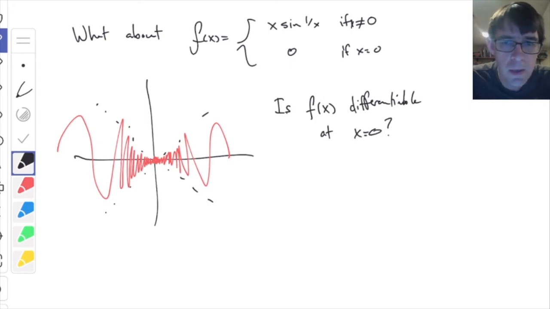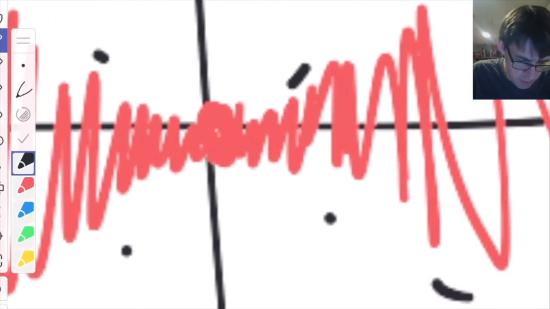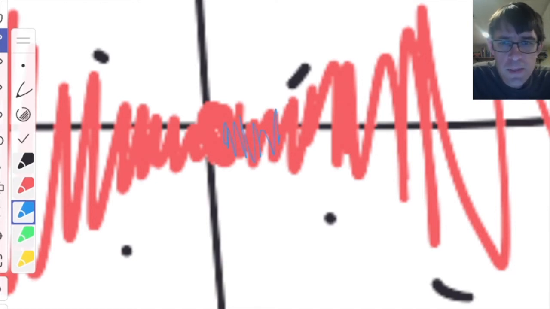Maybe the derivative is 0 because it does seem like the function kind of flattens out. But at the same time, it also seems like the function is going up and down like crazy, which means the slopes are basically alternating between positive and negative over and over again. The slope is going extremely positive and negative.